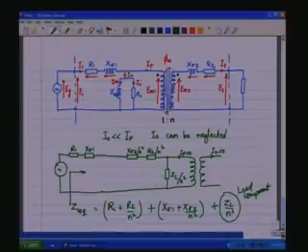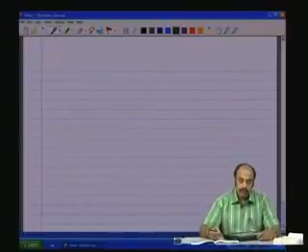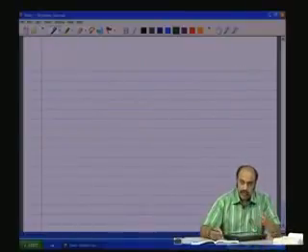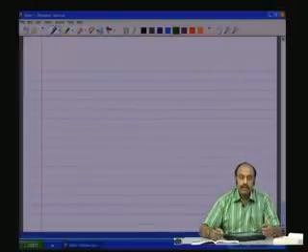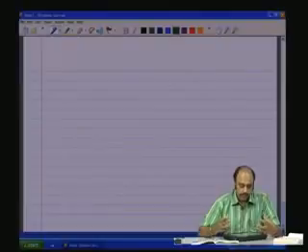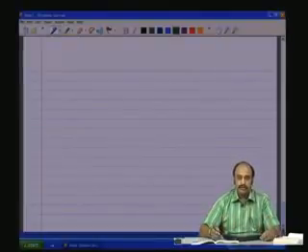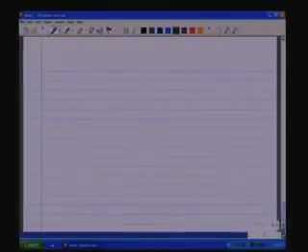And now, we should attempt to obtain the various parameters of the equivalent circuit. So, if from the measurable quantities we are able to obtain the various parameters of the equivalent circuit, then our analysis, our discussion on the transformer would be complete.